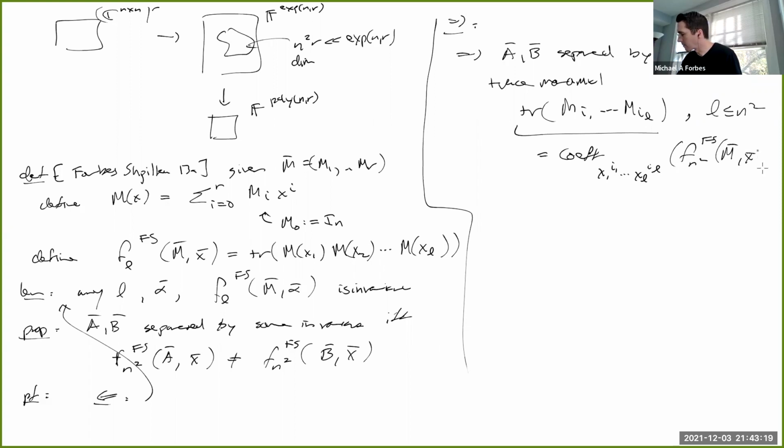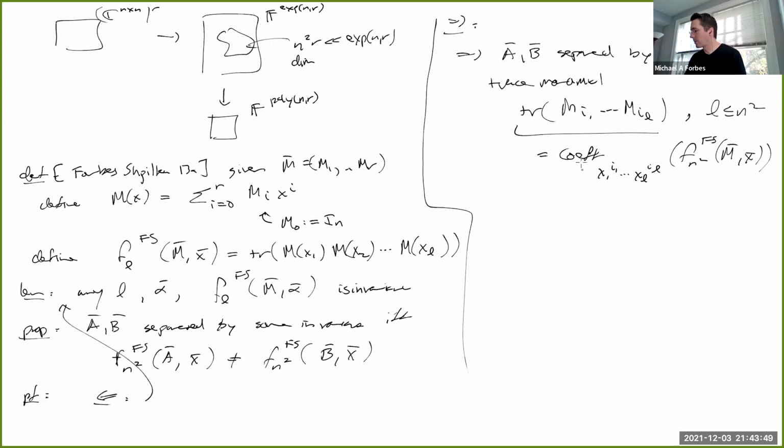So let's look at this master construction. It's a generating function which takes all of the trace monomials and embeds them into one thing. If we look at the coefficient of x1 to the i1 through xL to the iL, then we exactly get this trace monomial. Because if you look at the x1 to the i1 coefficient, you're just pulling out Mi1, and in x2 to the i2, you get Mi2, which is then what's here.